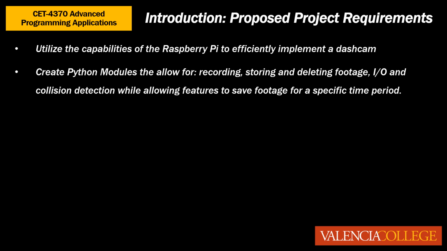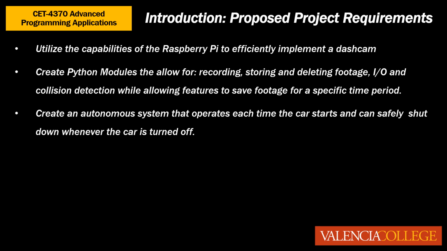It should also allow for input and output, so that will be input coming from a sensor and from buttons, to allow, as explained here, saving footage from a certain time frame when it is clicked. So it would save, say, 10 minutes, 5 minutes before we hit the button. And it should also allow for a collision detection system that will be explained later on.